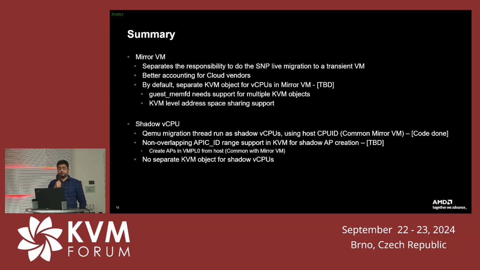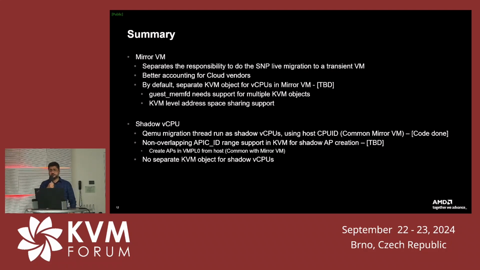By default, the mirror VM has a separate KVM object for vCPUs, so we don't have to take care of the APIC ID problem we talked about for shadow vCPUs, the overlapping APIC ID issue.